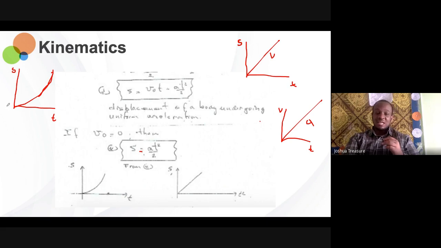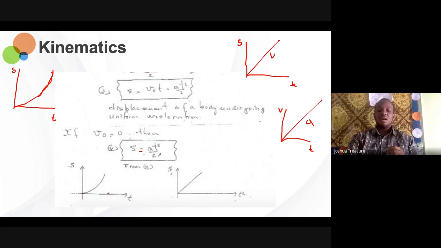The velocity is changing. So therefore, the object is not covering the same amount of ground in the time. That curve is suggesting that it's changing. In this particular case, it is constant, right? So we end up with a graph looking like this.